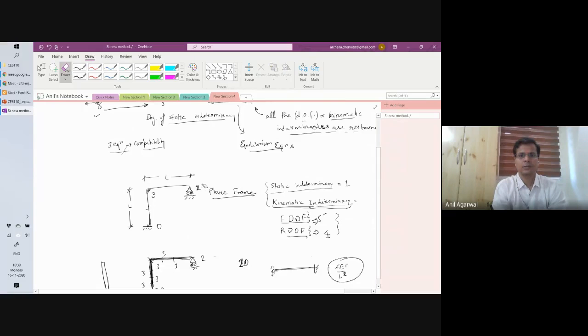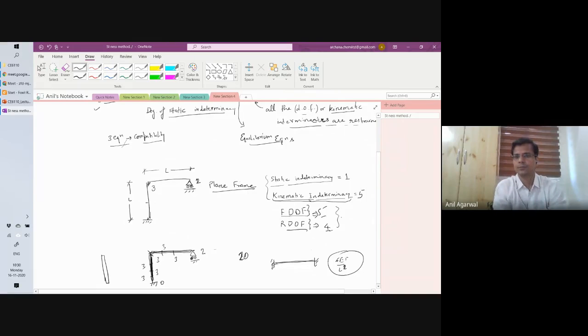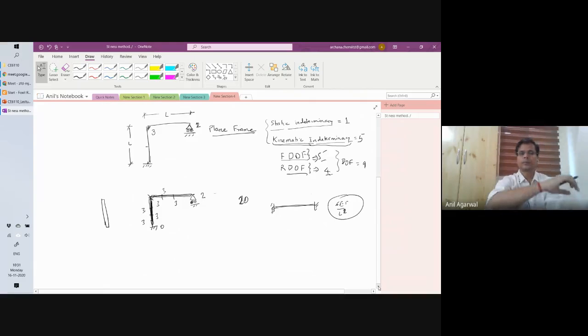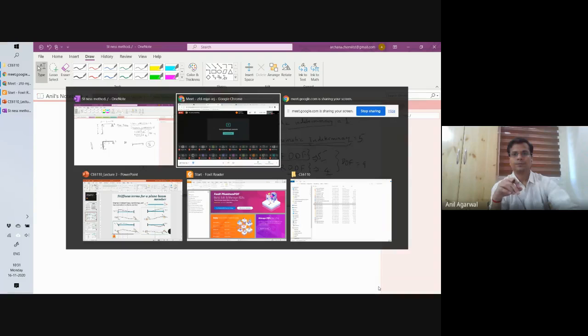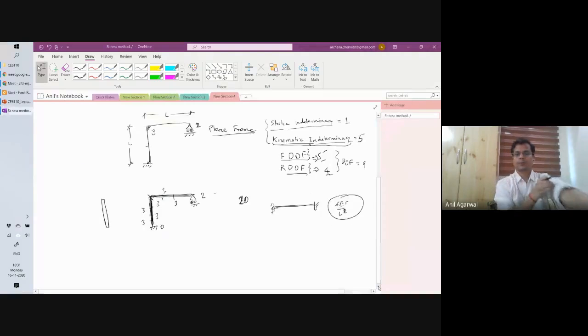So kinematic indeterminacy was 5. Free degrees of freedom is 5. Restrained degrees of freedom are how many? 3 here and 1 here, 4. So total degrees of freedom are 9. Agreed? Any questions on this one?